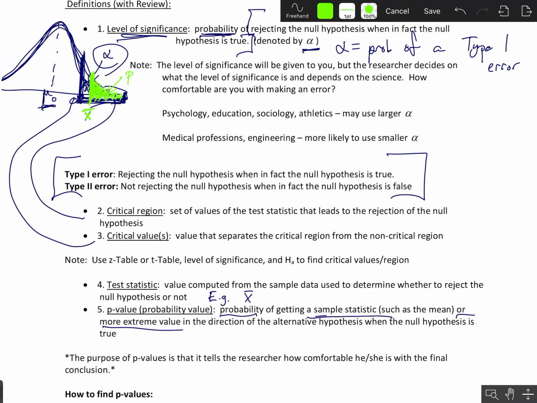Remember that the blue region over here to the right was supposed to represent the critical region. Those are the values where we're comfortable rejecting the null hypothesis. So in other words, if our x bar value falls into this right region, then we are comfortable rejecting the null hypothesis that the population mean is toward the center here.